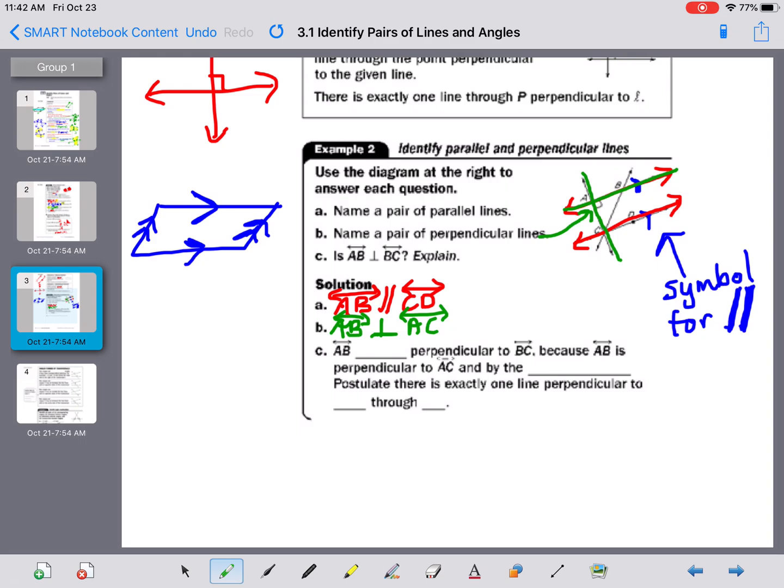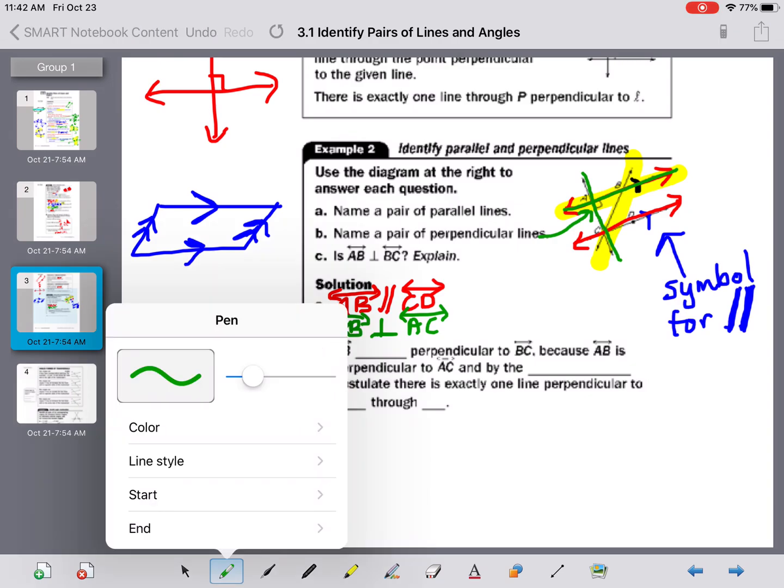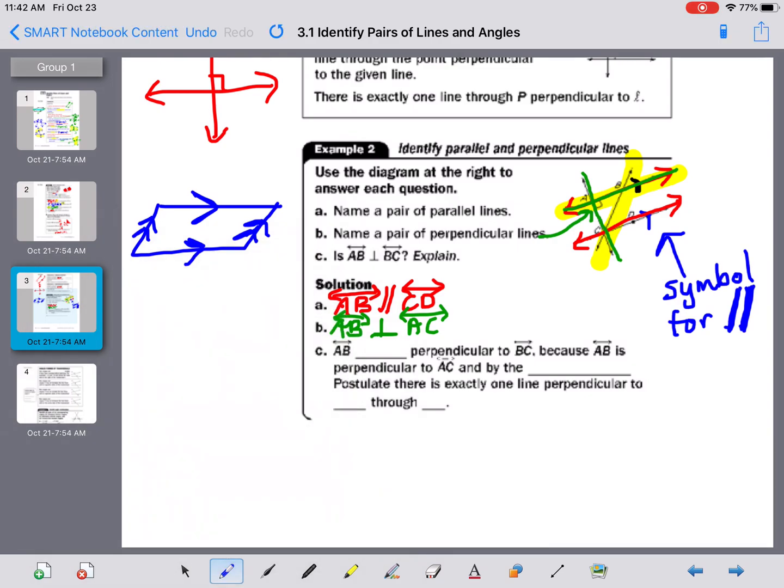Okay, the last question says, is AB, this line right here, perpendicular to BC, this line right here? You can probably easily look at that and say, no, that's obvious, right? Here's the reason though, and this is what I want to state to you. So no, it's not. AB is not perpendicular to BC. And we have to remember this.